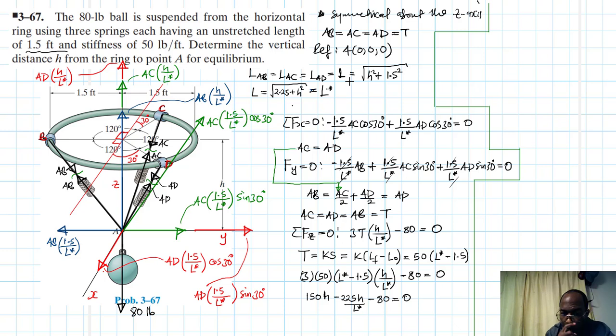Writing this equation, we have 150h minus 225h divided by L star, and L star we just said is the root of 2.25 plus h squared, minus 80 equal to 0.